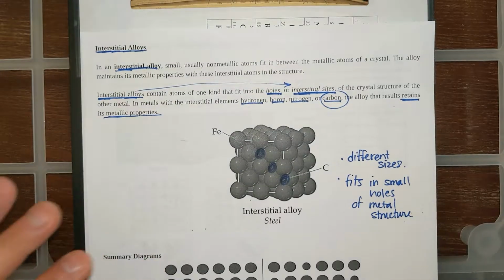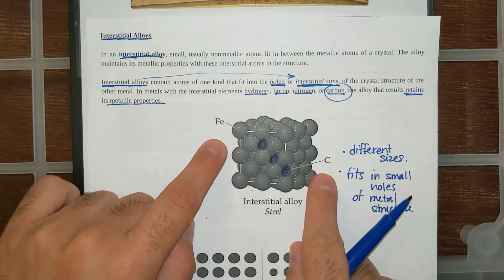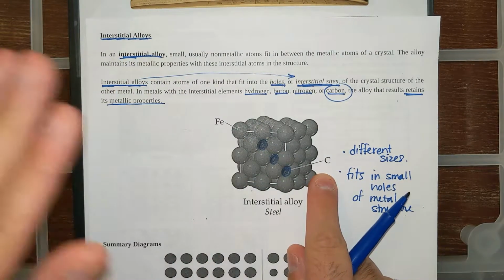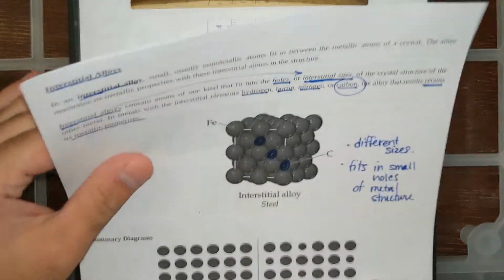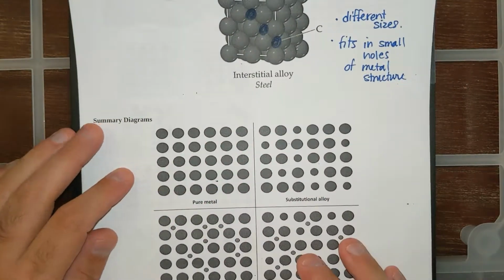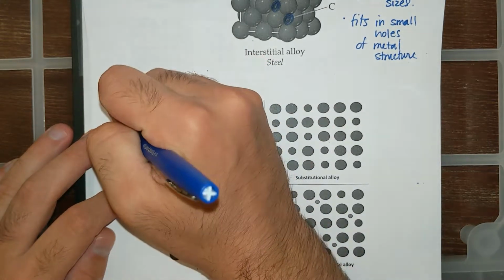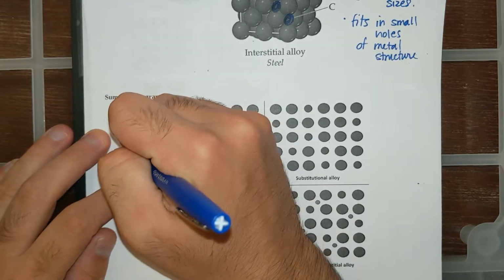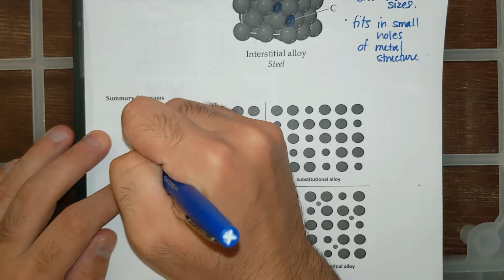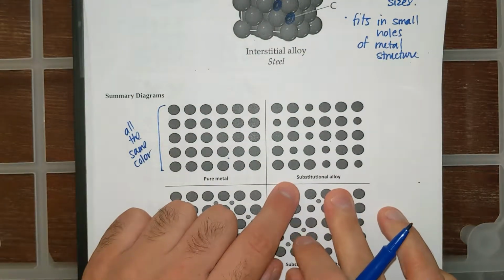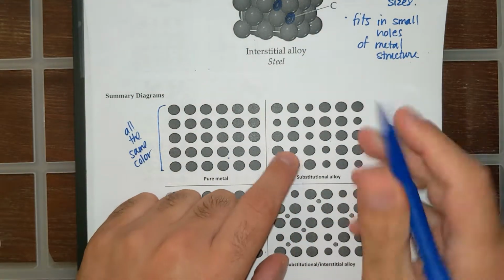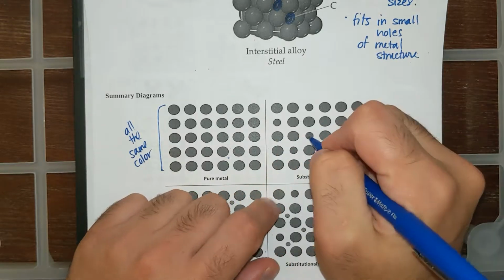So the only reason why it's an alloy is because there's two different elements that make a metallic type of structure. A summary, and I have these all looking the same color, but we could do that. A pure metal would have all of the particles all the same color. A substitutional alloy, and you can kind of see that they're a little bit two different sizes, but I'll shade them.